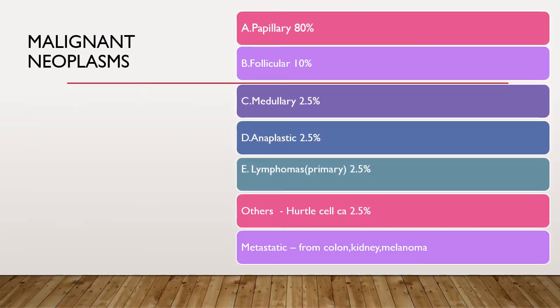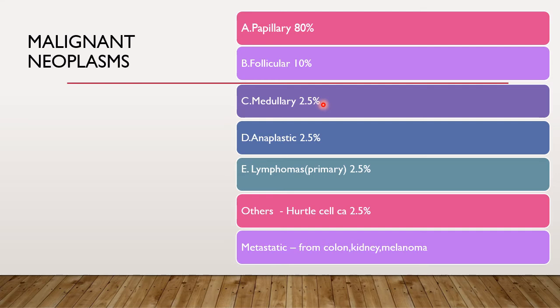This slide shows the types of cancers of the thyroid gland and their incidence. The vast majority of the tumors are papillary, which constitute 80%, and follicular 10%. Together, they form 90% of the thyroid cancers. And these are considered the differentiated thyroid carcinoma, or DTC.